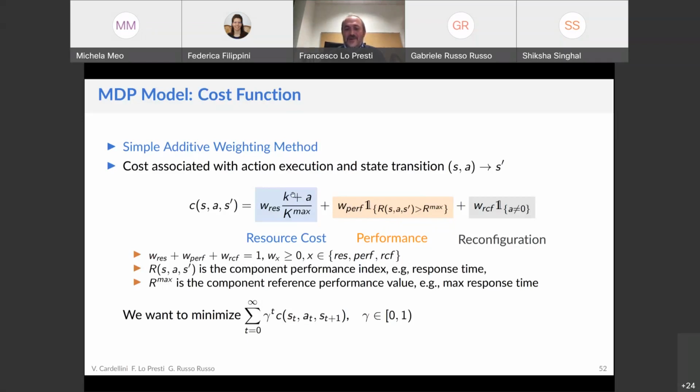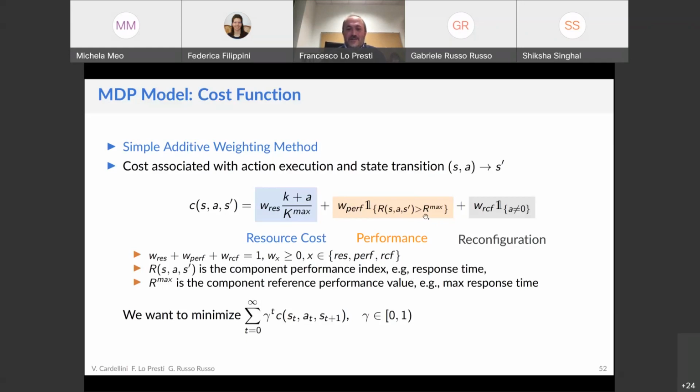So here we have the fraction of resources I'm using, assuming Kmax is the maximum. Then the second component is whether or not I'm exceeding a given threshold. Since I want some measure of how the performance of the system is doing, an important performance index is the response time, and we were measuring whether we are respecting the service level objective.